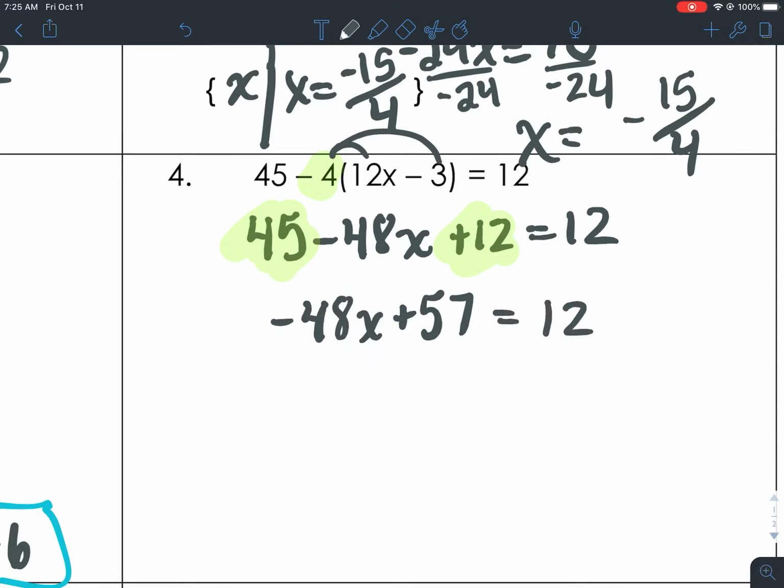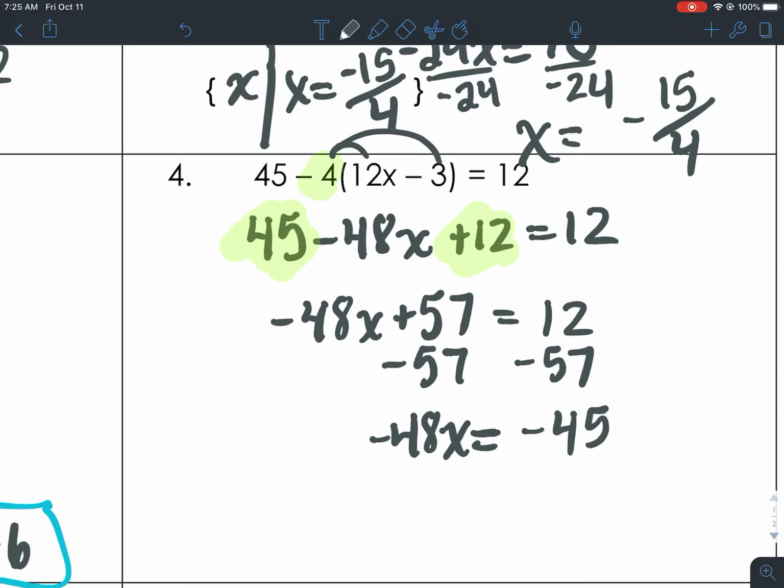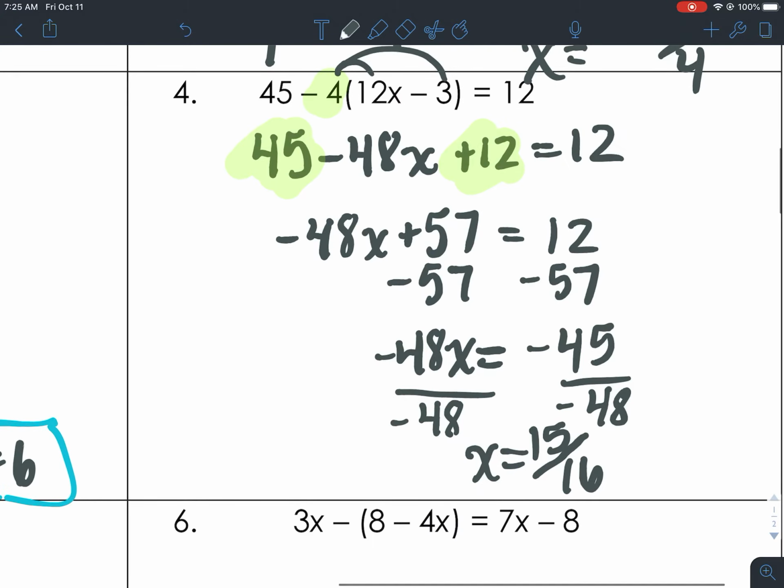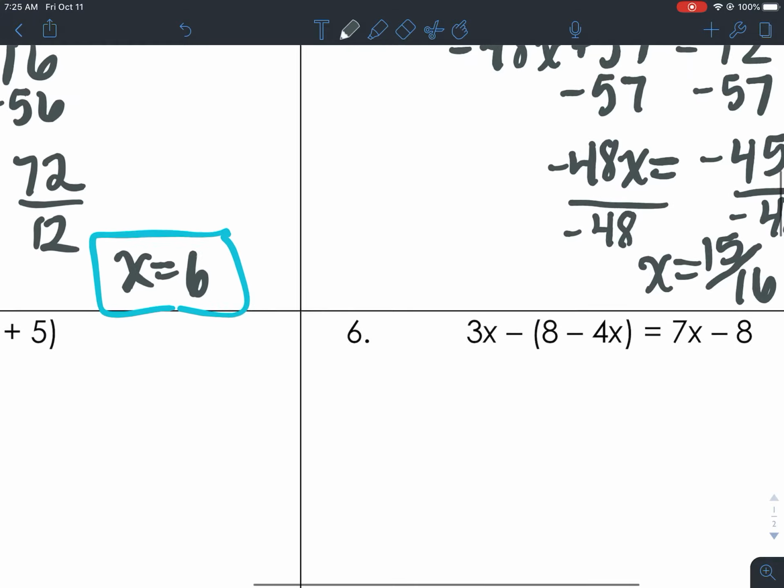And then we'll subtract 57 from both sides. Negative 48x equals negative 45, and we divide by negative 48 on both sides. And that's going to give us a positive 15 over 16. Once you simplify it, you can divide both the top and bottom by negative 3 over negative 3 works for that one.